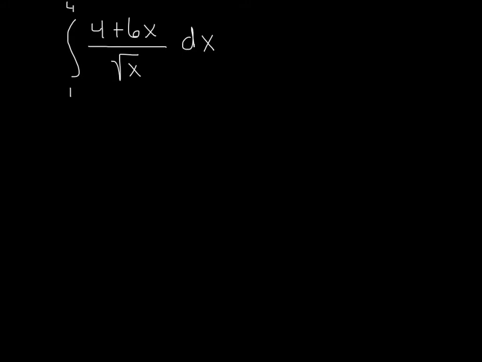I'm going to do 2 examples like this where you have a fraction and you have something on the bottom and you need to divide that into both of the terms that are on the top. Alright, so I'm going to separate this as the integral 1 to 4, and matter of fact, I'm going to do it a little different.